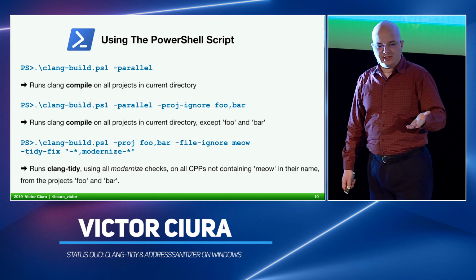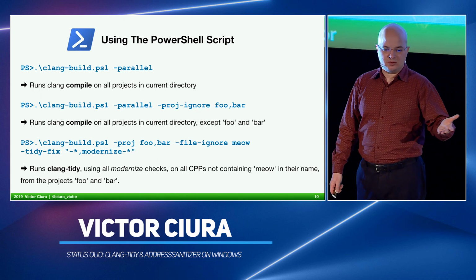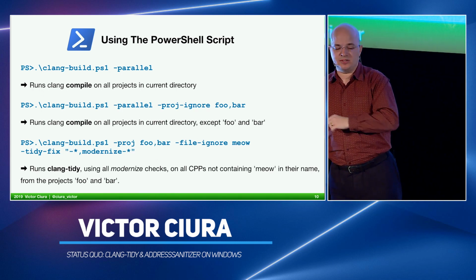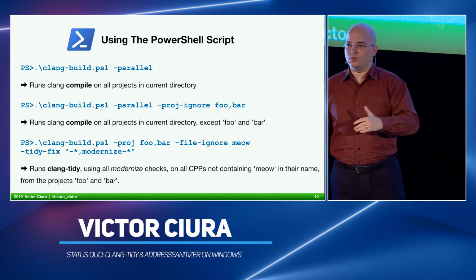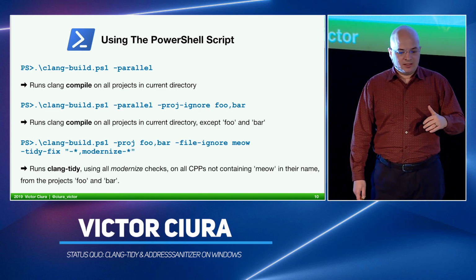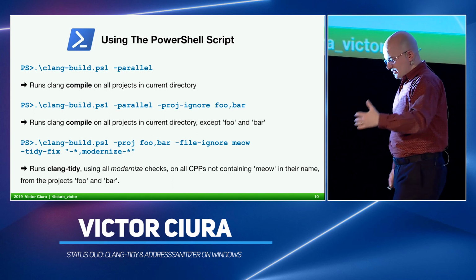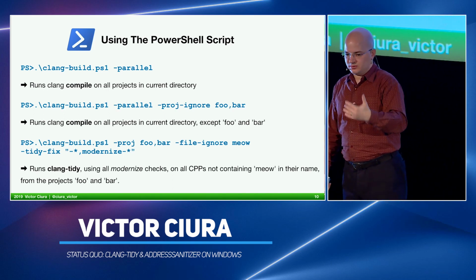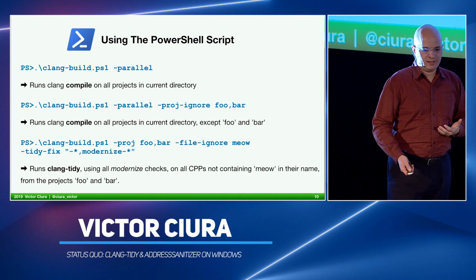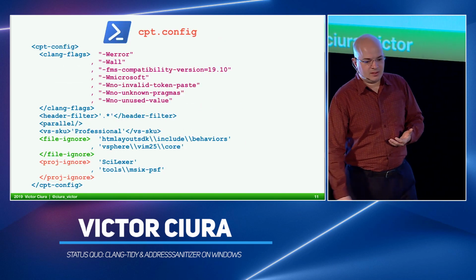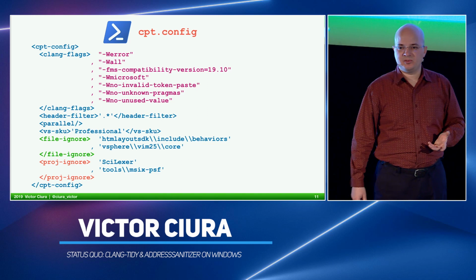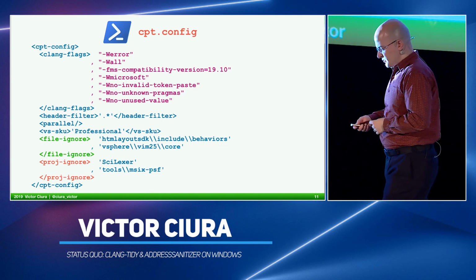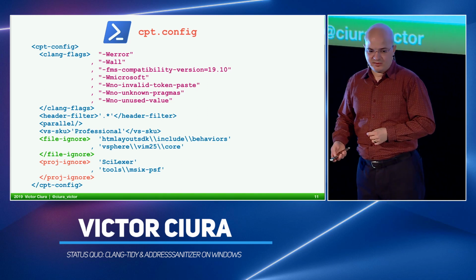Basic usage might look something like this. You can compile all the projects in a directory. You can ask to ignore particular projects or particular files. You can ask for particular checks that you want to run or transformations that you might require. So this is how a config file looks, for example. Most parameters there are optional.